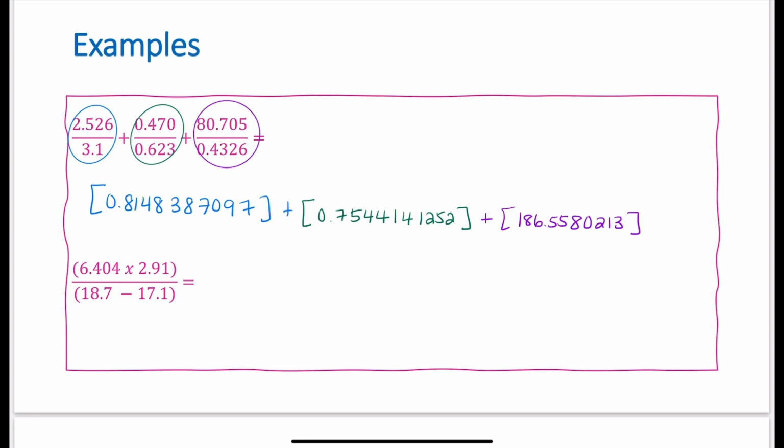Let's go back through these a little bit slower now and actually look at the sig figs, because now we have all the answers. So the first calculation I did in blue, where I got the 0.8148387097 calculation, came from right here, okay? When I look at the numerator, I have 4 sig figs in my numerator and only 2 sig figs in my denominator.